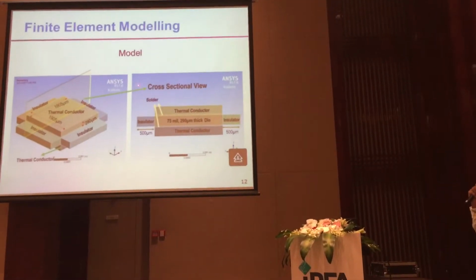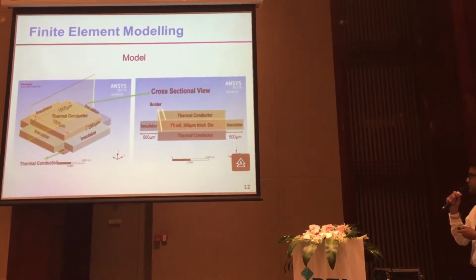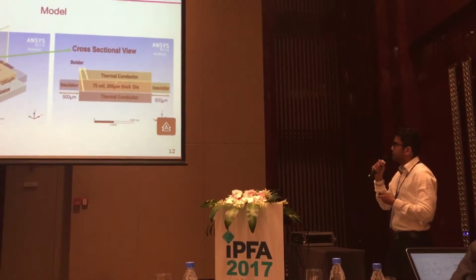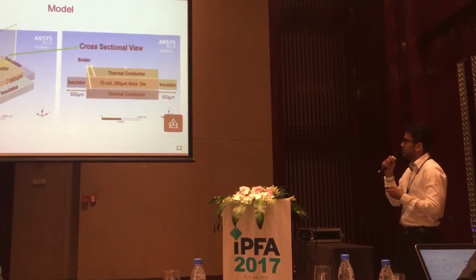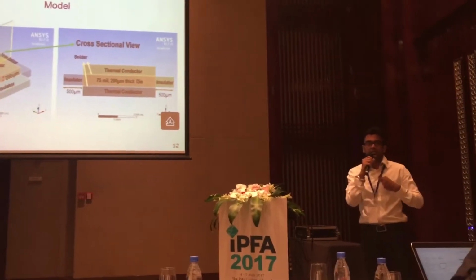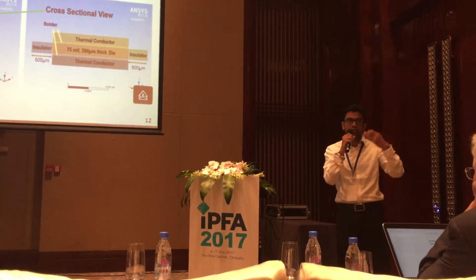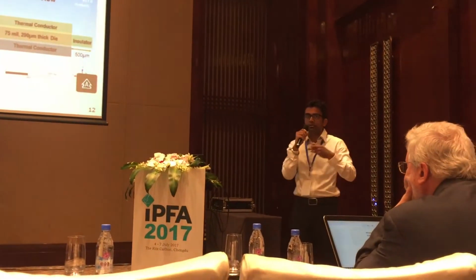We use ANSYS Workbench, and we are using a model from the industry standards of a 75 mil diode. We keep thin solder layers at the top and bottom and a thermal conductor, which mimics the normal diode, where the diode is sandwiched between solder and the copper leads. And the insulators all around are like the ceramic package.